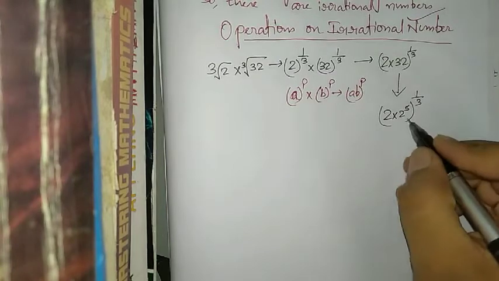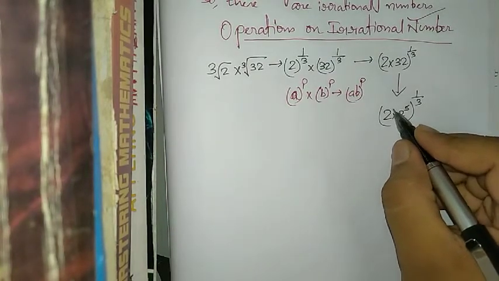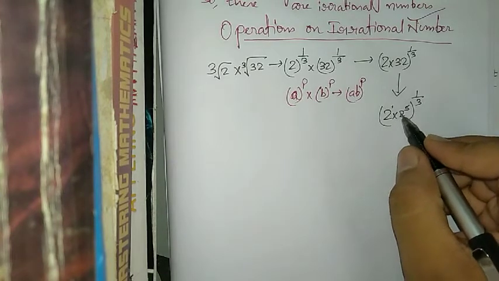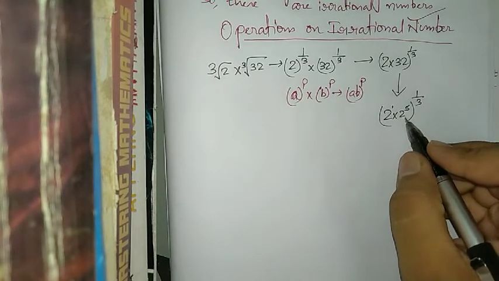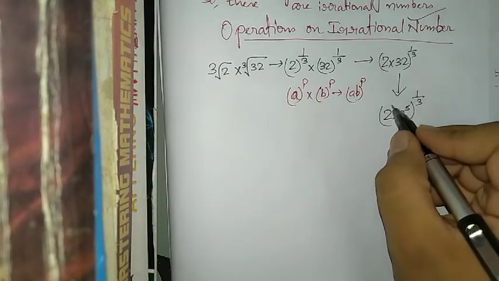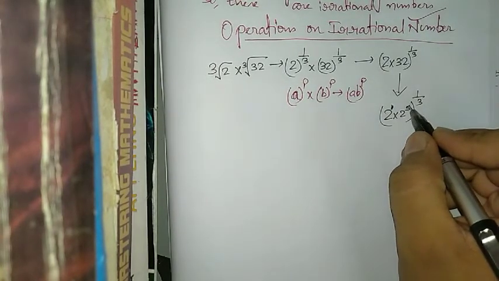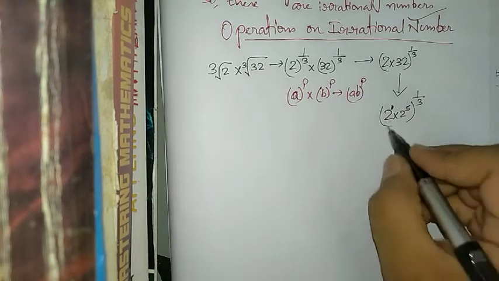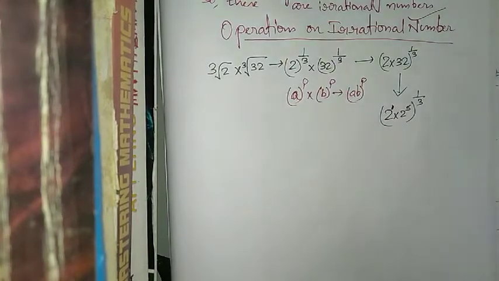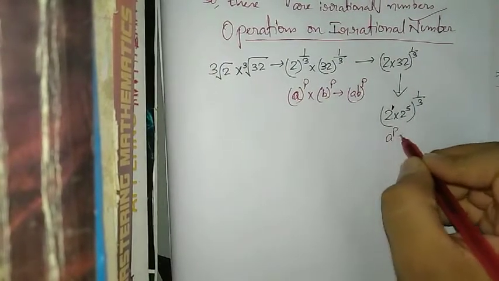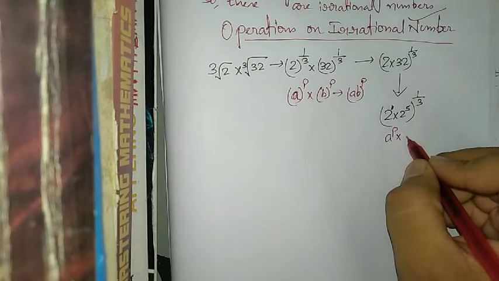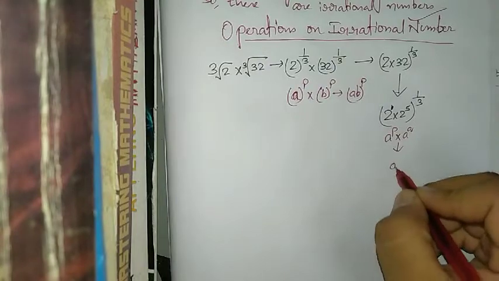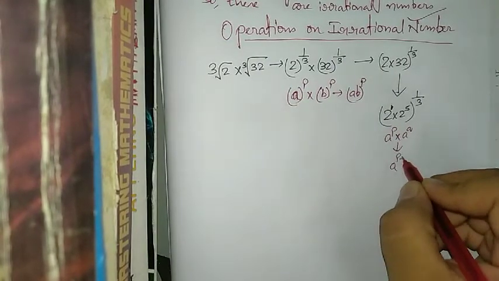Now what happened over here? This is 2 power 1 into 2 power 5. Since the bases are the same and the numbers are multiplied, and here this has power 1 and this has power 5, according to our law a power p into a power q gives a power p plus q.